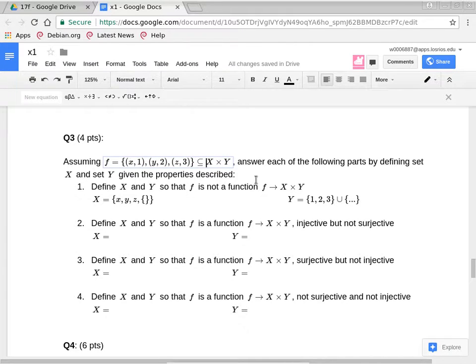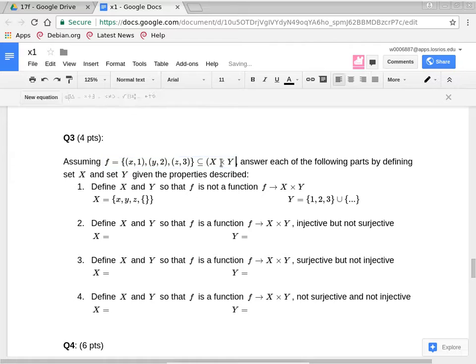But then that means F contains fewer elements, not everything is mapped from X, right? But this is not a subset of X. Implicitly there's a pair of parentheses around this. We are not talking about F being a subset of X. It is a subset of the Cartesian product of X and Y.